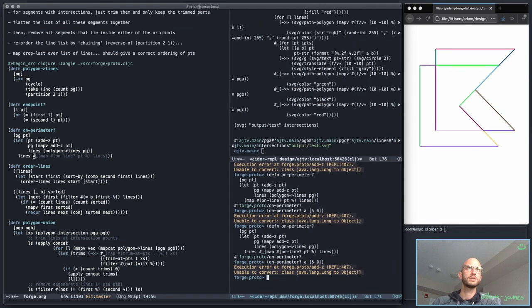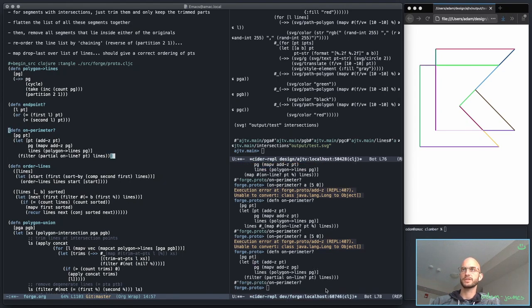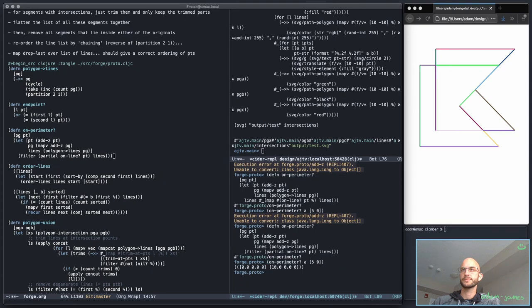Oh, what? Something's clearly wrong here. Here, this. That's what's wrong. Filter partial online point over the lines. Let's see if that fixes that. Okay. Yes, that's giving me the right line segment.